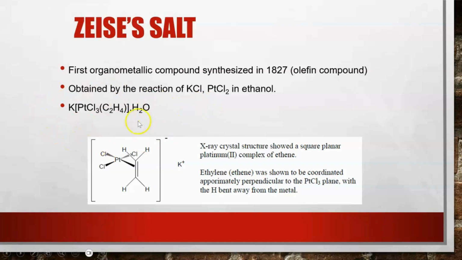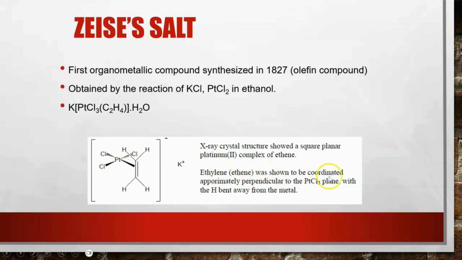We have the molecular structure of the Zeise's salt, K[PtCl3(C2H4)]·H2O. So this is the molecular structure and this one is the molecular formula. K is the counter ion and this one is the coordination complex. The complex consists of Pt as the metal and ethene as a ligand, and we have 3 Cl atoms bonded to the metal center.